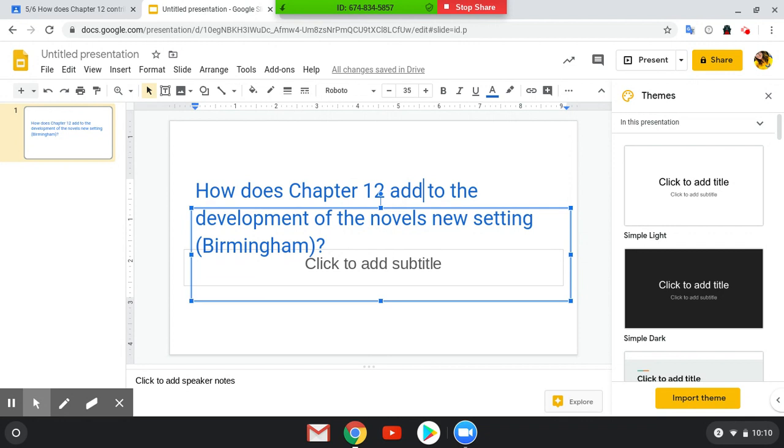And what does development mean? I think this word development right here is really what could be confusing because it's not a word we use very often. So what does it mean by how does chapter 12 add to the development of the novel's new setting? What do you think it means by development? Someone other than Chad, since he answered already.